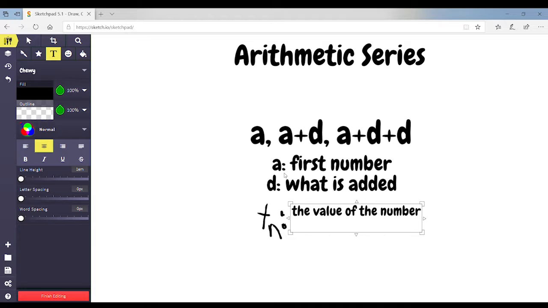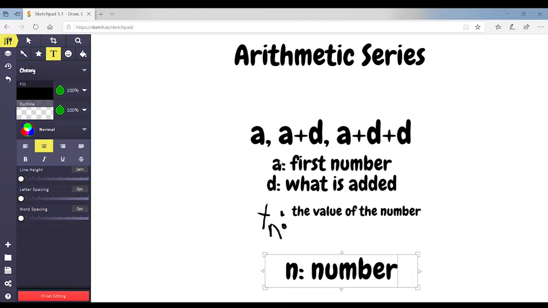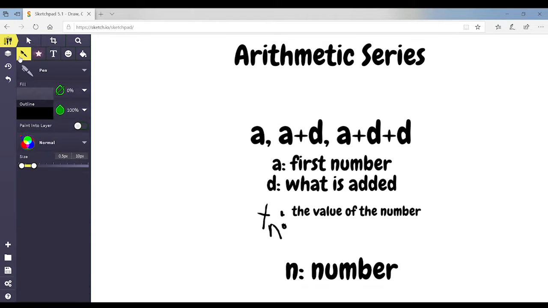Okay. So, A is the first number, D is what is added to the first number each time, and T sub n is the actual value of each number. We have one more variable to go. So, n. N is just the number. So, this would be number 1, right here, this would be number 2, number 3.